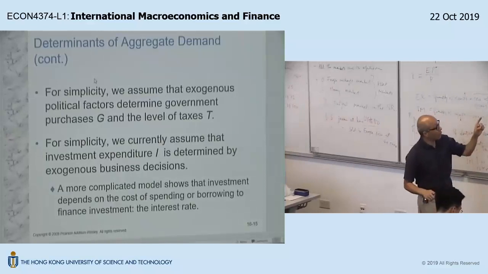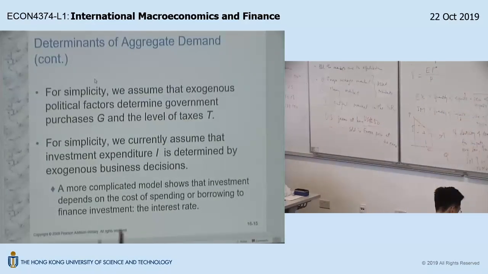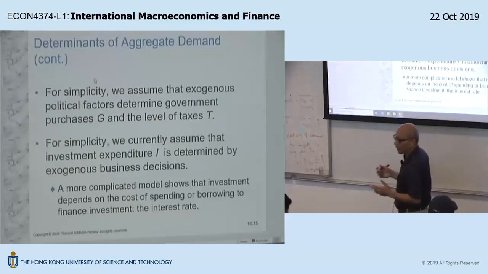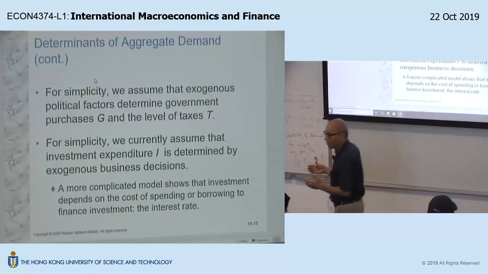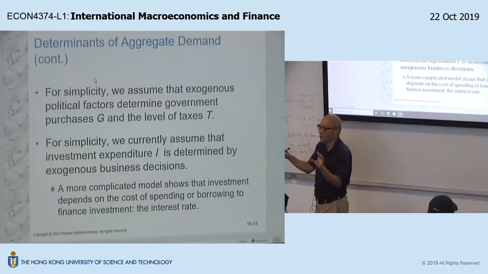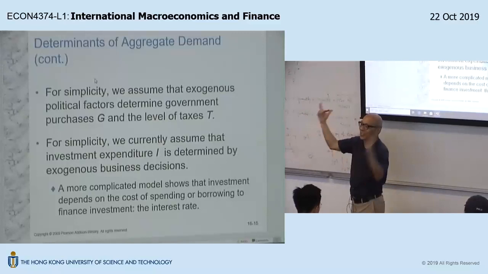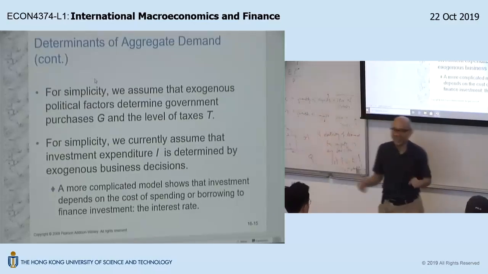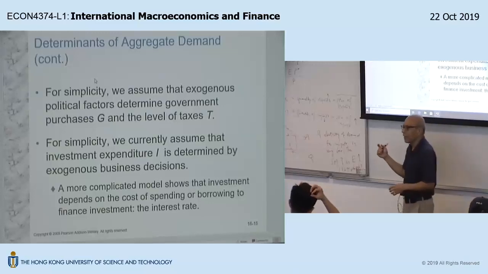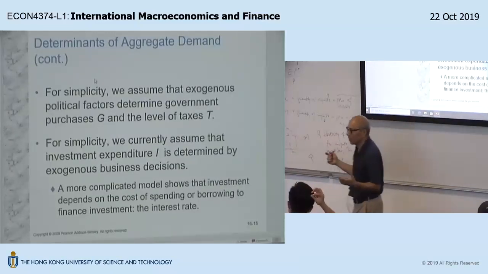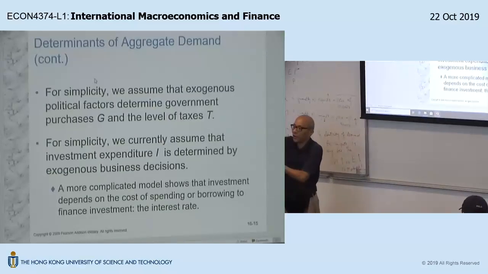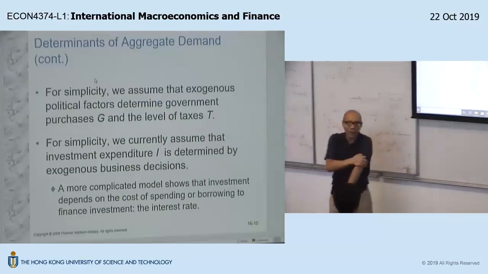So we're going to make it very simple for G, the government purchase. Just assume that government purchase is exogenous. So no theory about how G is determined. It's determined by the government. And also I, the investment. How is investment I determined? Typically, in your closed economy macro, you say investment is determined by the interest rate, right?